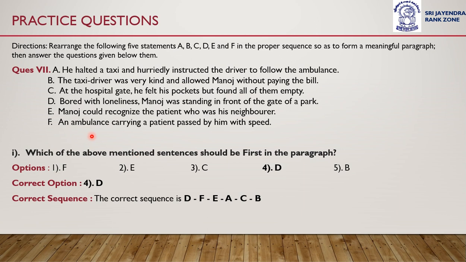Then D is followed by F. An ambulance carrying a patient passed by him with speed. Then Manoj could recognize the patient who was a neighbor. Then C, then B. The taxi driver was very kind and allowed Manoj without paying the bill.